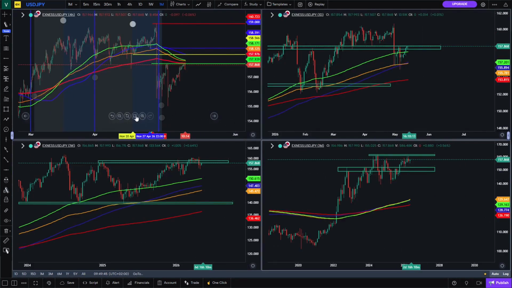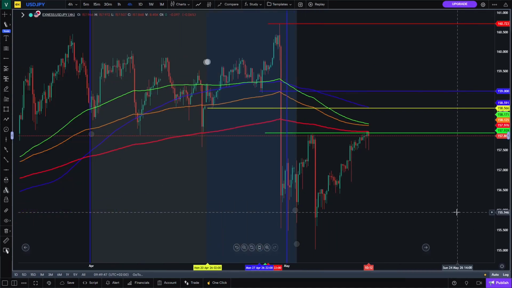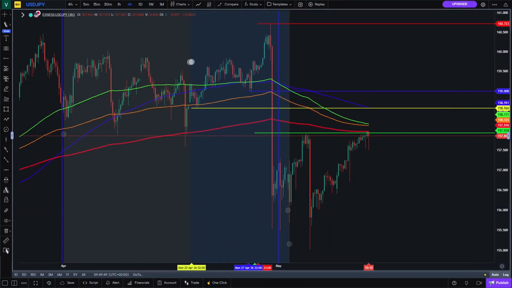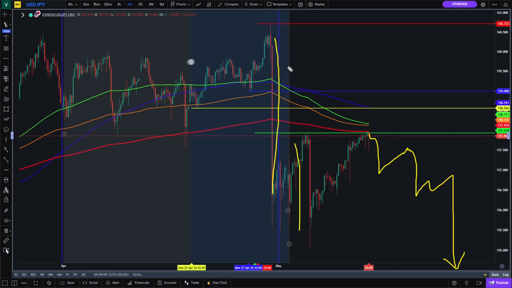Now remember, on the 4-hour chart we are looking a bit like this, but it might potentially come in as this or as this spike.